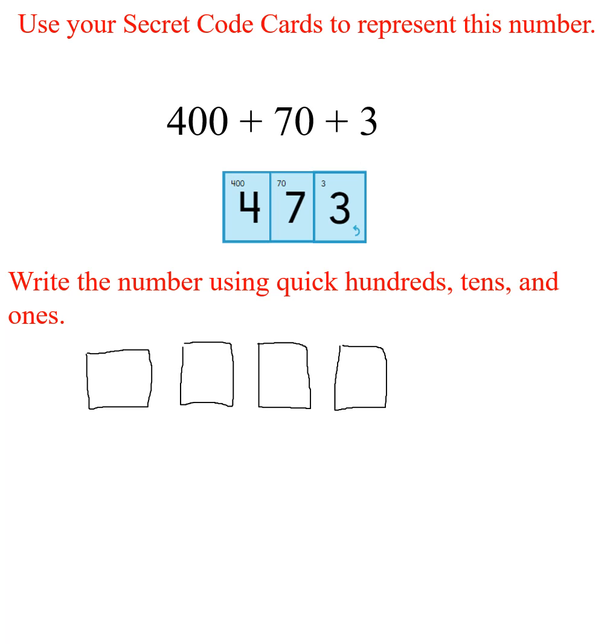And then 70 means that I have 7 of the 10 sticks. So I'm going to count by tens on this one. 10, 20, 30, 40, 50, I'll leave a space, 60, 70, and then we have just those 3 ones.